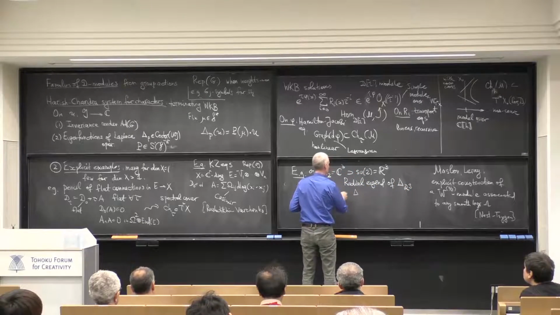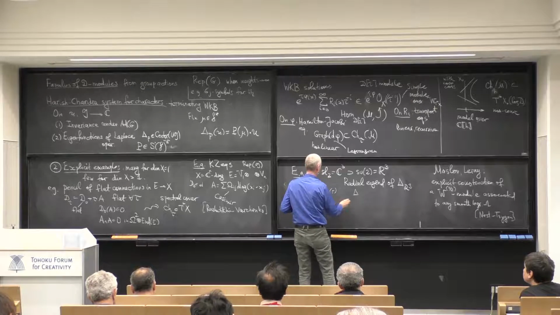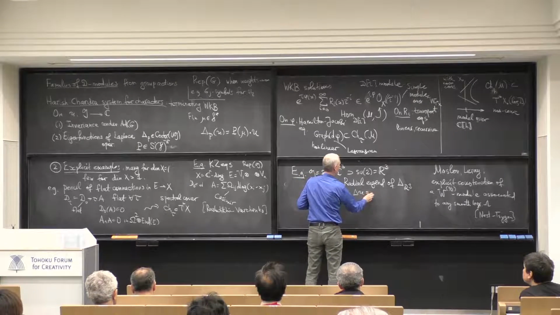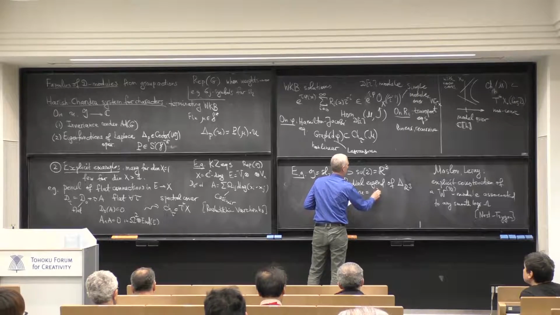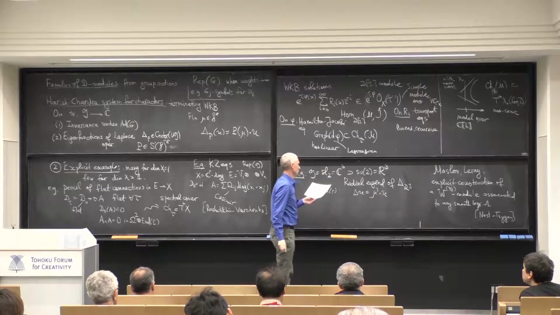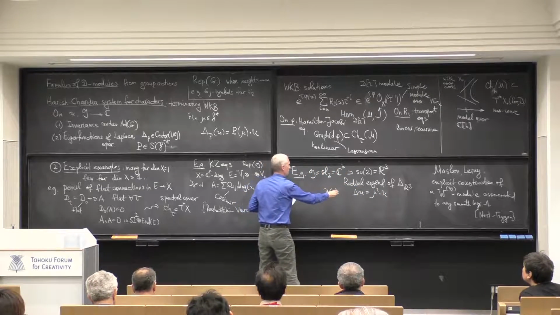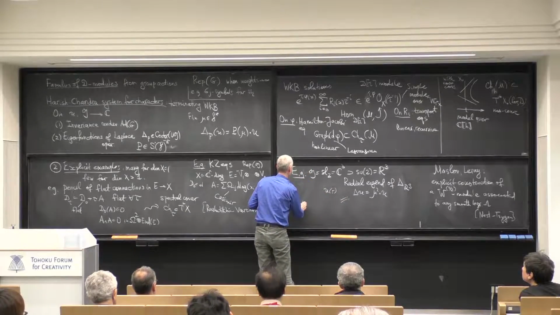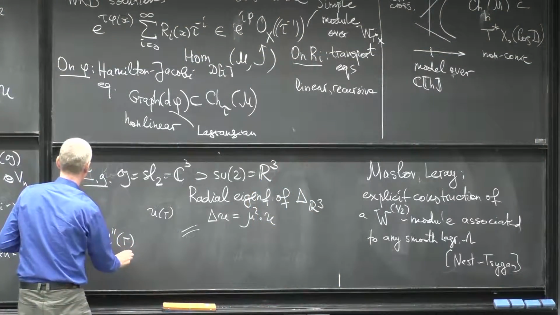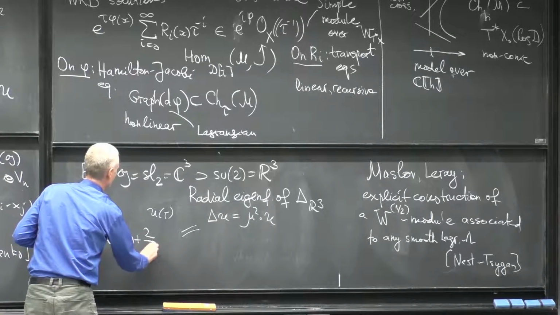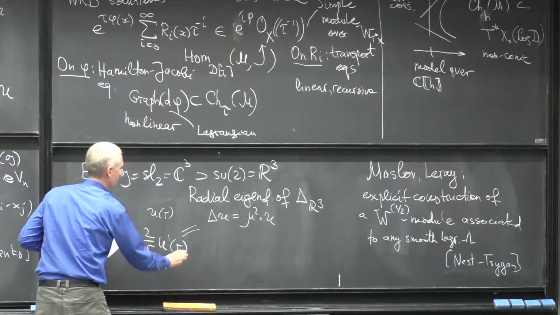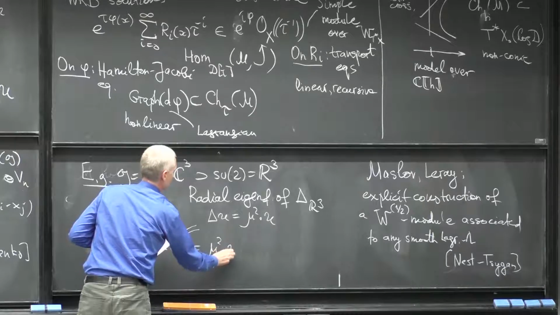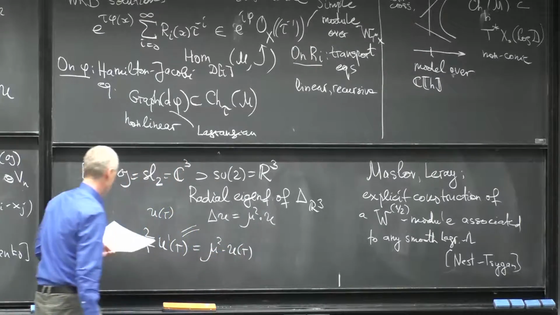Delta u, with u of r, equals, in this case, mu squared times u. And I recall that in terms of r, it would look like this: u second derivative in r plus 2 over r times the first derivative in r equals mu squared times u of r.